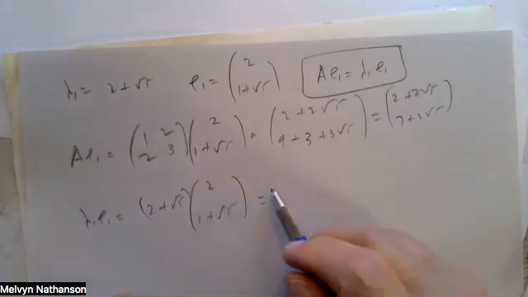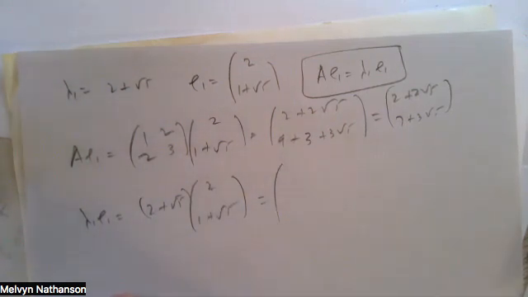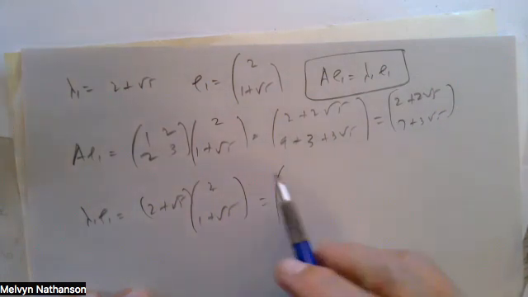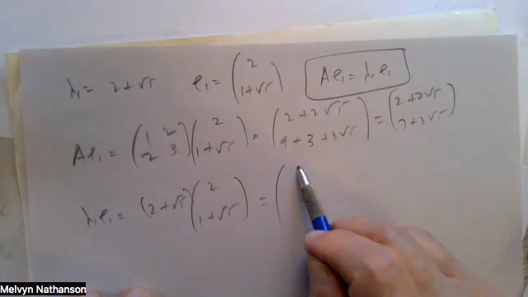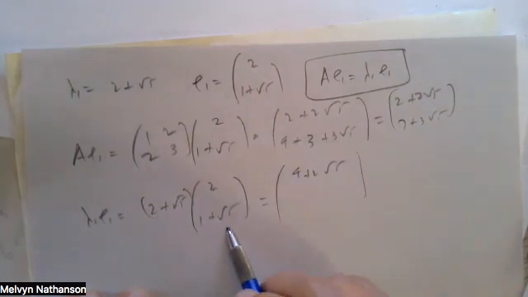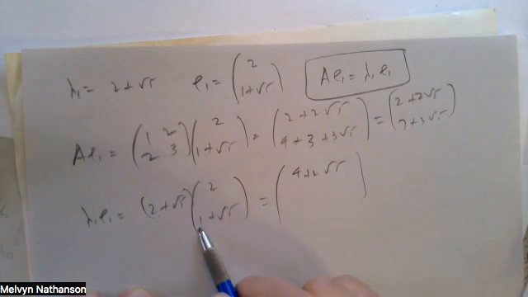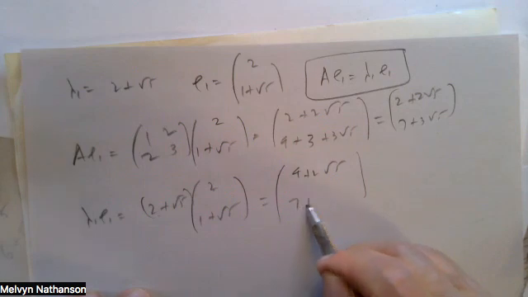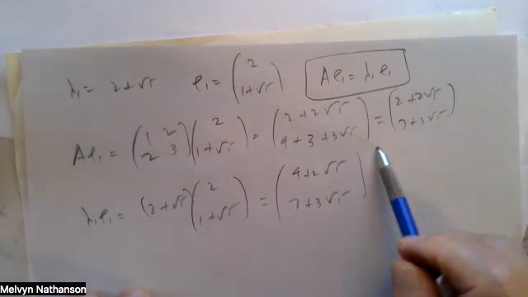So 2 times this is, oops, still not right. It's close, but no cigar. This is 4 plus 2 root 5. And when I multiply this together, I get 2 plus 5 is 7 plus 3 root 5.